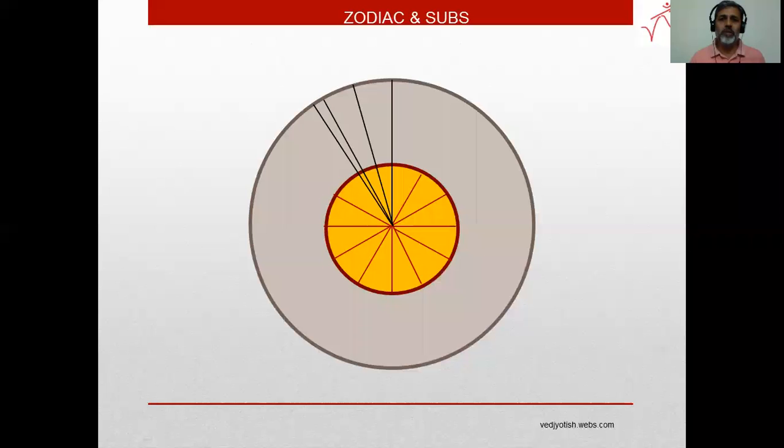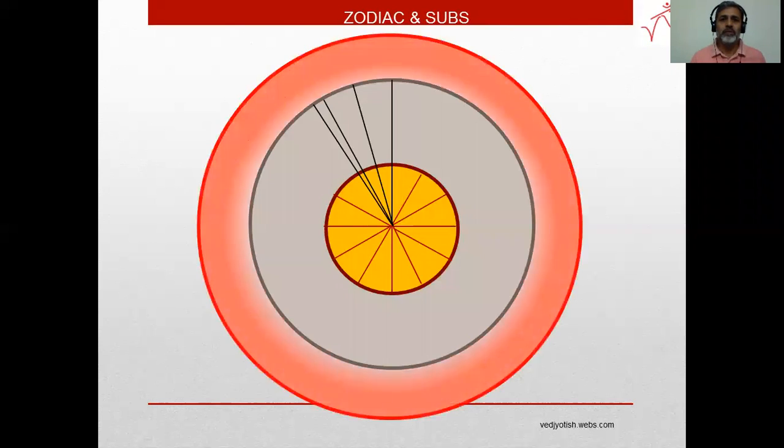If we go beyond the nakshatra, we divide each nakshatra into 9 subs. Now, if you notice here, the 9 subdivisions do not span the equal longitudinal distance, as also, the precedence of these subs is different for each of the nakshatras.